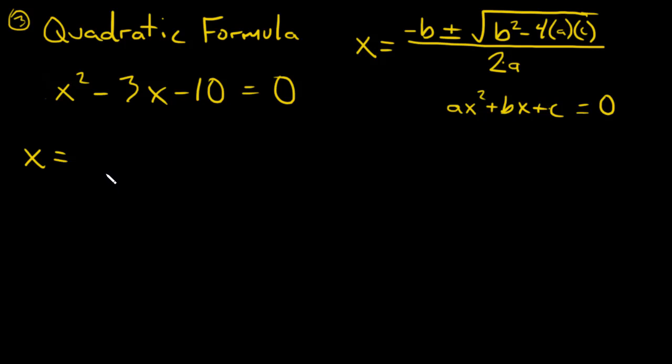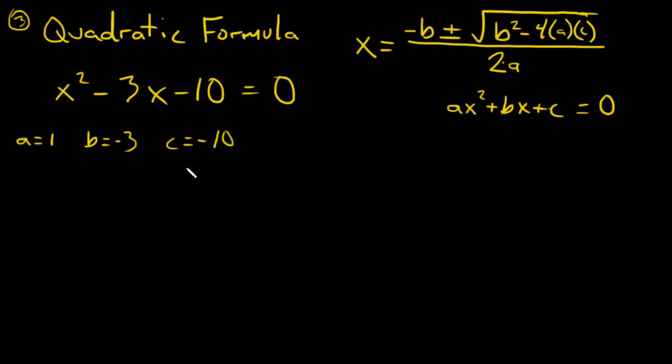That is what everyone wants to do, and it drives me up the wall. That is not what you do at the beginning. At the beginning, before you do anything, you label what your a, your b, and your c are. In this case, a is 1, because there's a 1 in front of x squared. B is negative 3, that's the value in front of the x, and c is negative 10.